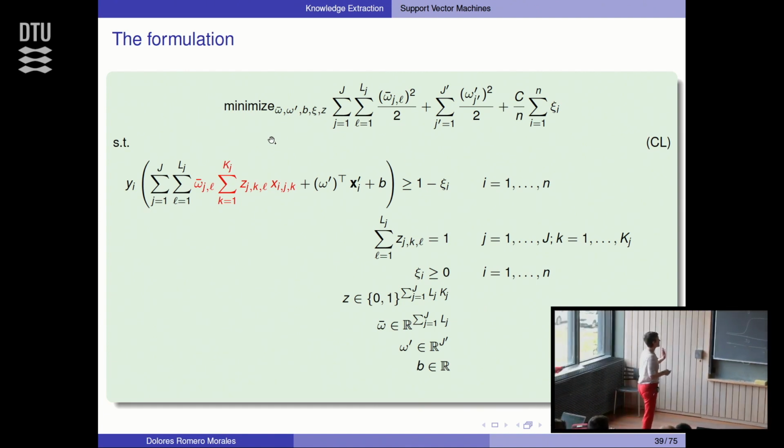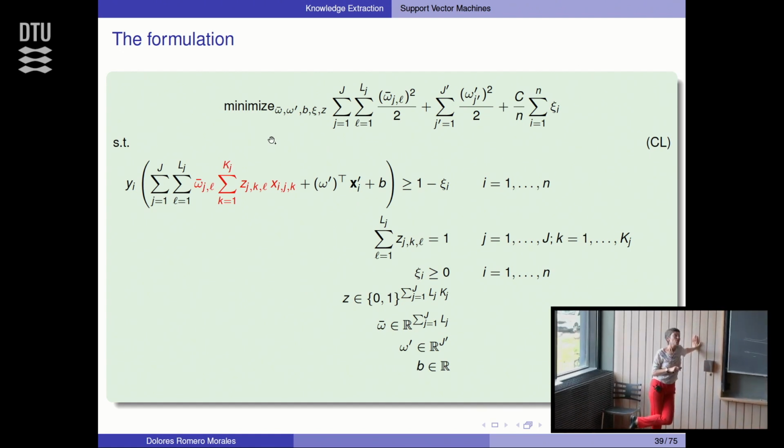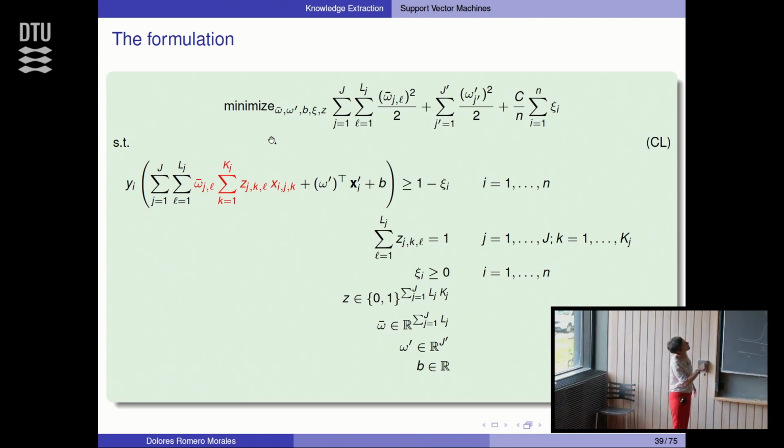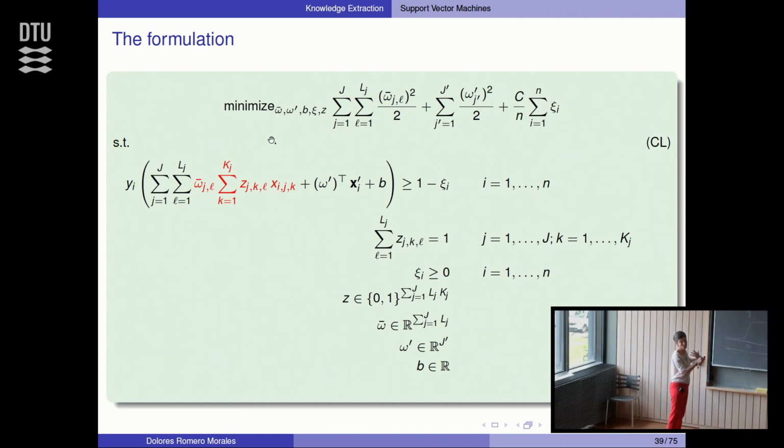Now, this is where life is a little bit harder for us in optimization. I'm an observation, and I have a predictor variable, and I have to decide to which cluster I'm going. So these are 0, 1 variables.